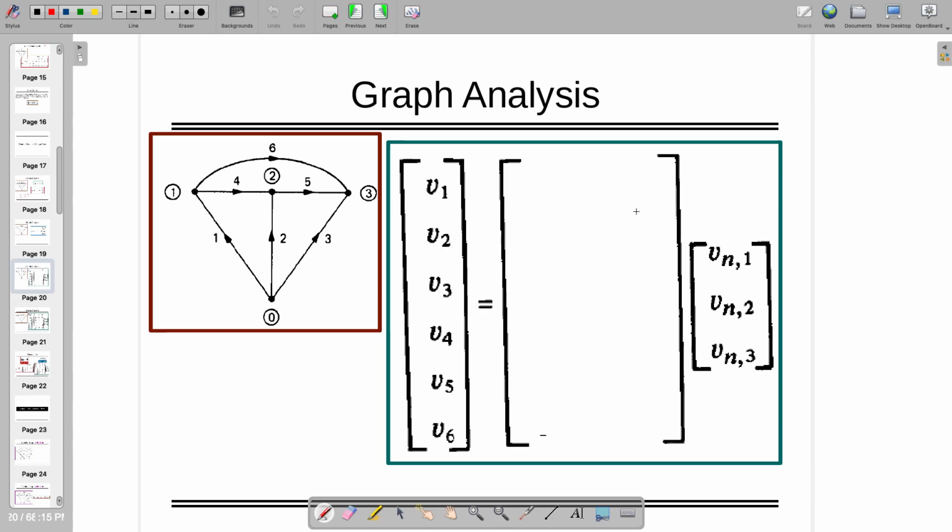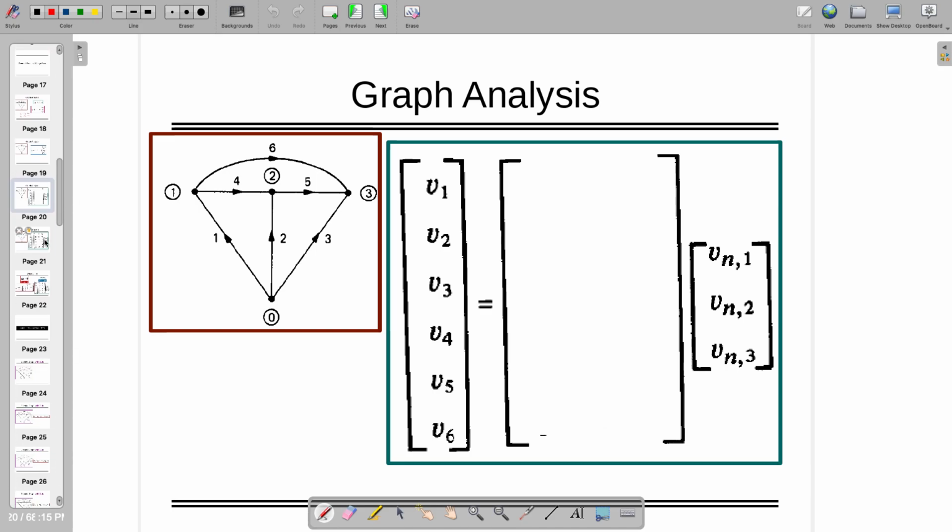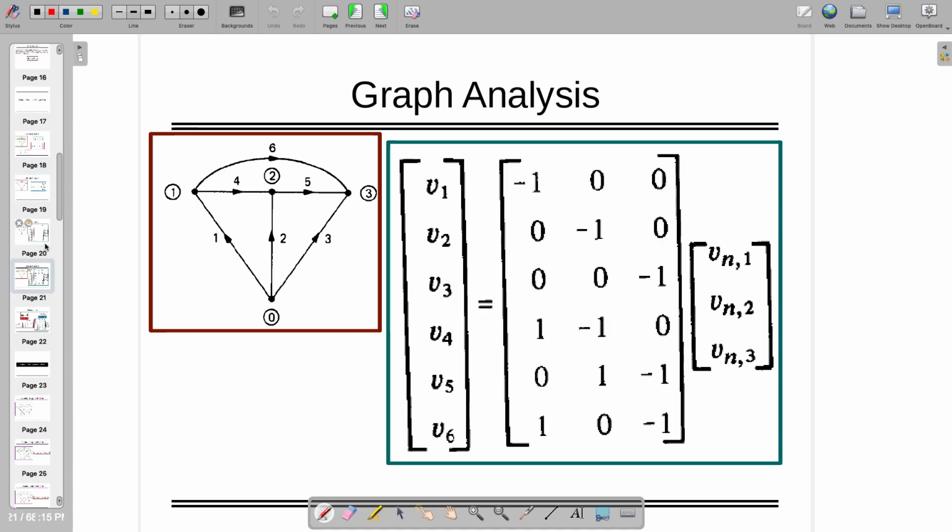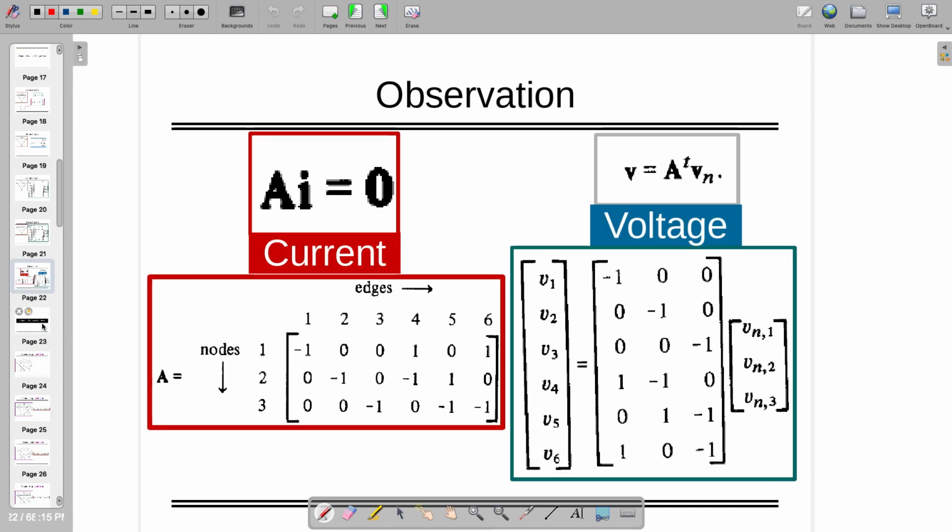I'm going fast because last time we already talked about it, right? Interestingly, both of these matrices are known as incidence matrices. The only difference is that one is created by KCL and one is created by voltage.